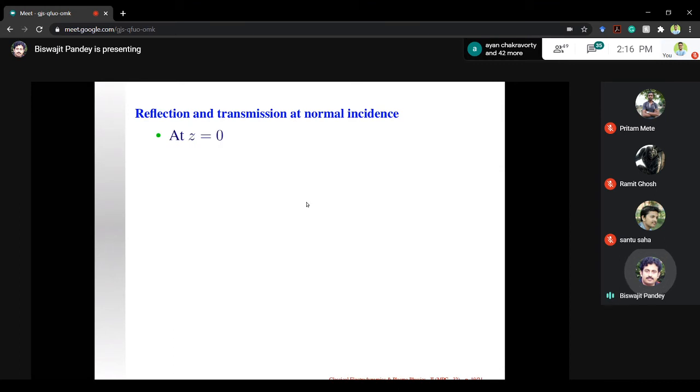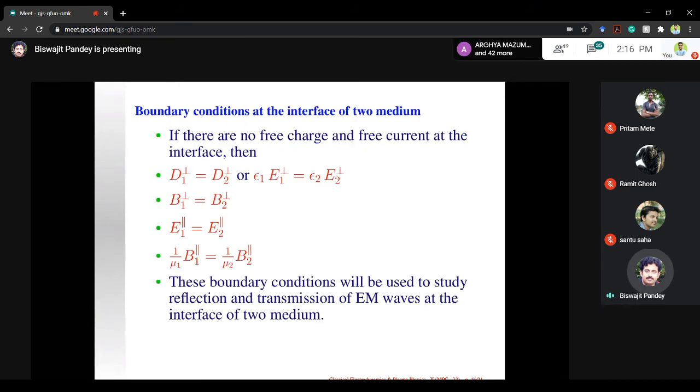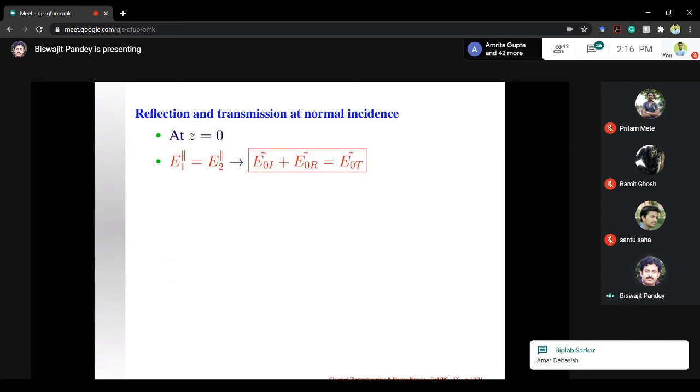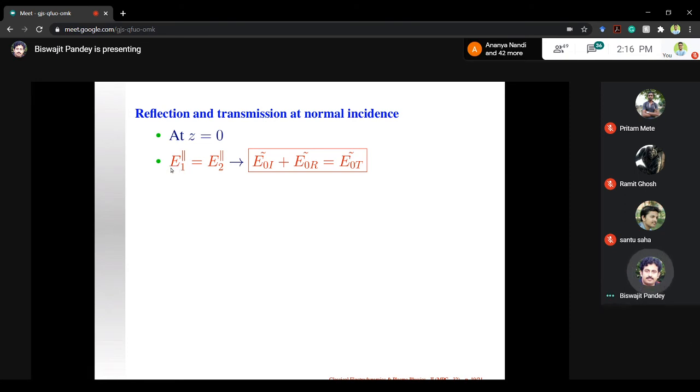And when we apply the boundary condition, maybe I have written the other way around here, this is the third one: E parallel 1 equal to E parallel 2. So the parallel component in the first medium equals the parallel component in the second medium.